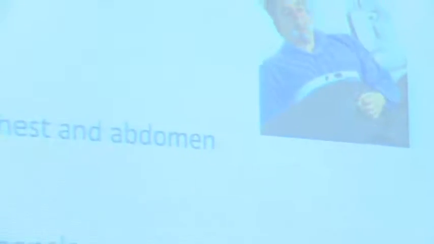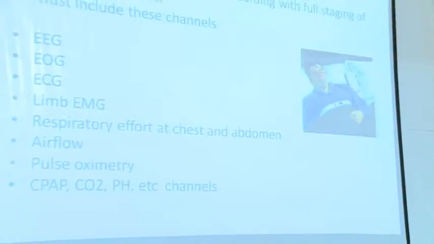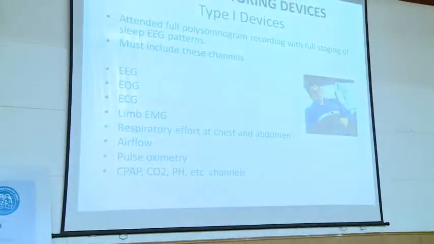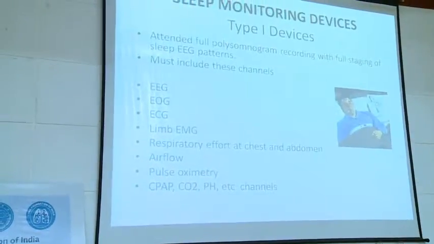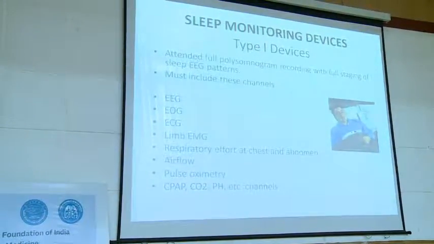So now there are 4 types of sleep studies available, which help show how the sleep is going on and what changes occur during the sleep. So first, we all know type 1, that is attended full polysomnography, recording with the full staging of sleep, EEG patterns, and you can increase the number of EEG leads, and that way you can come across sleep related neurological disorders.